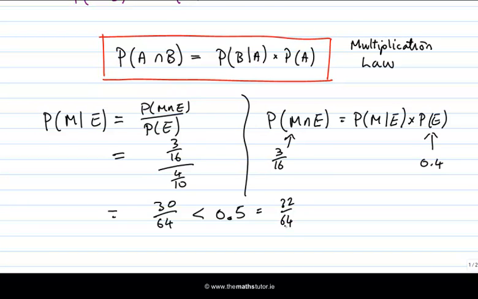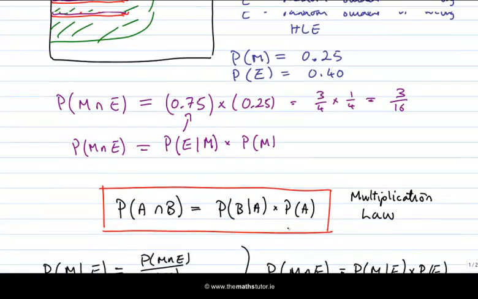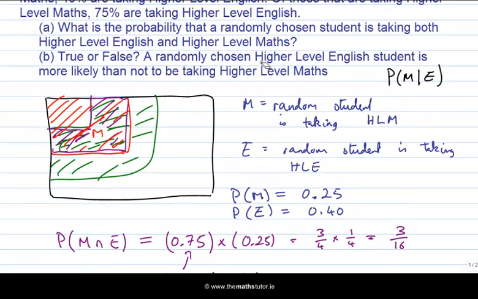So what was the question? The question was to decide whether this statement is true or false. A randomly chosen higher level student is more likely than not to be taking higher level maths. Now, what we've done is reformulate this in terms of probability. We were looking at the probability of a higher level English student taking maths, and we found out that this probability, we've calculated this, it's less than a half.